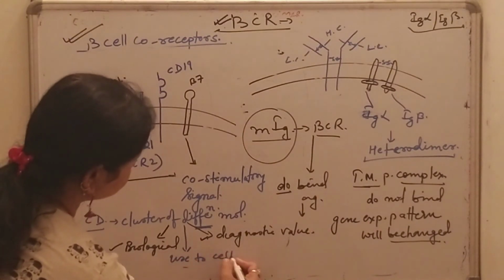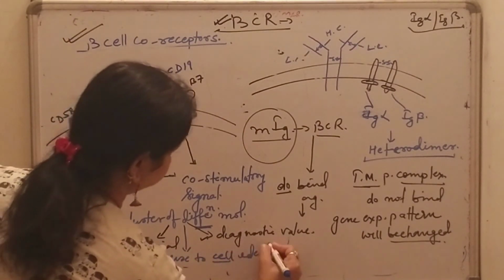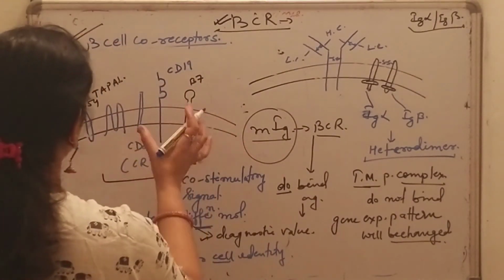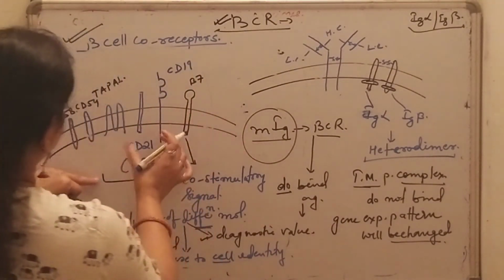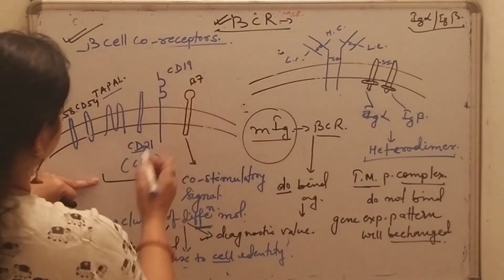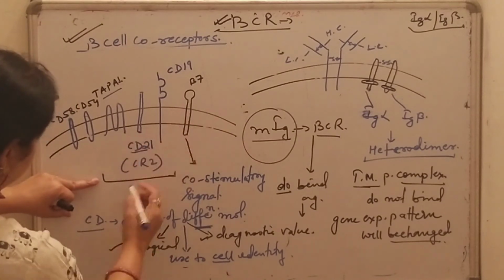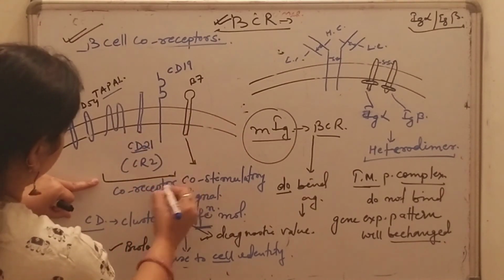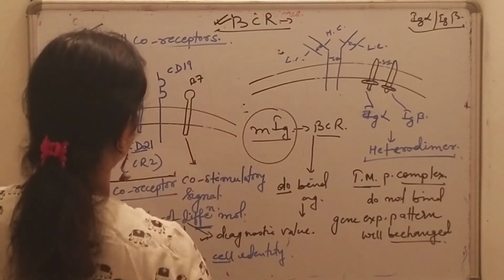Okay, so these are the different molecules, and this TAPA1, CD21 and CD19 act as the co-receptor of the B cells.